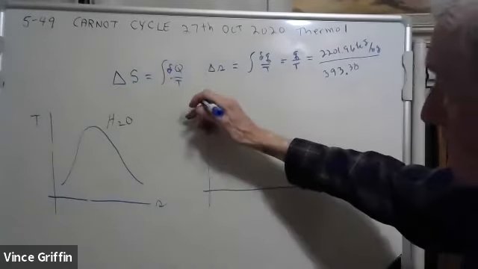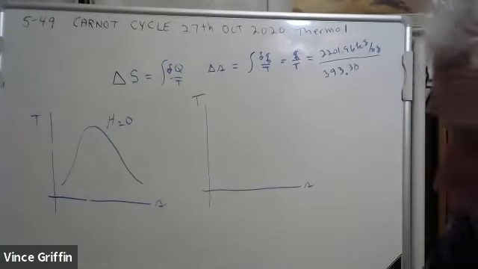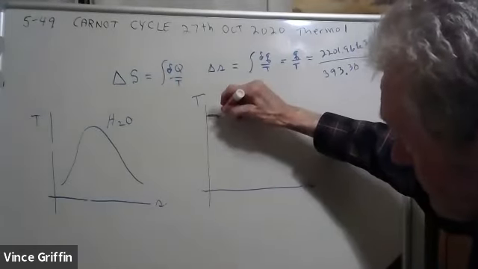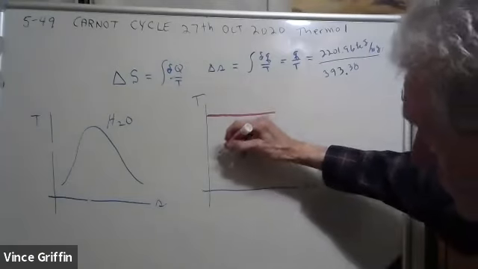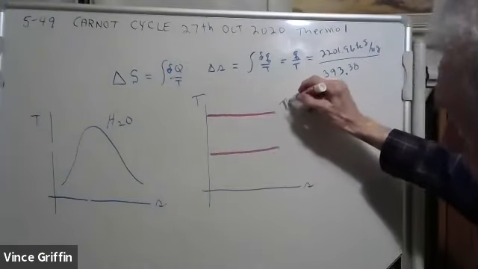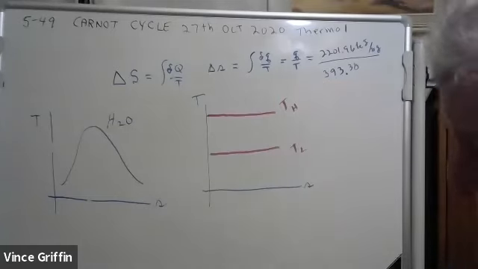But if you had an ideal gas, you don't do a vapor dome. You do some isotherms that go like this. These would be the hot ones, and these could be the cold ones, but they'd just be flat like that.